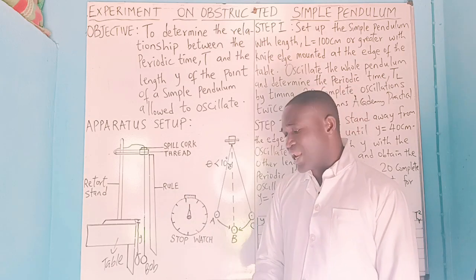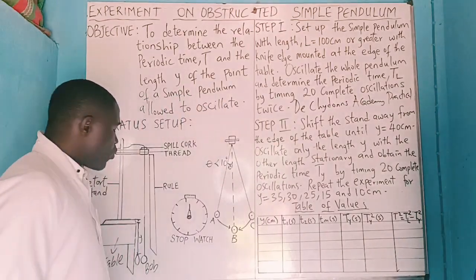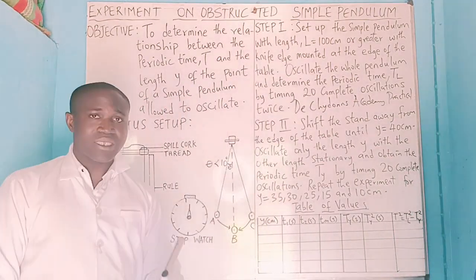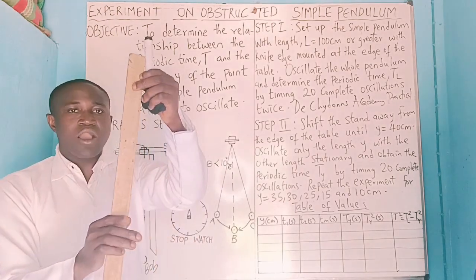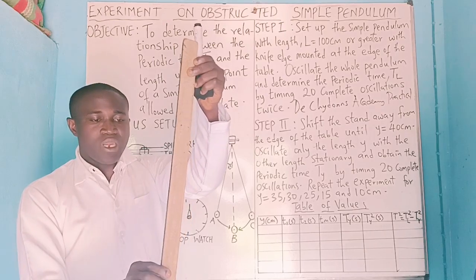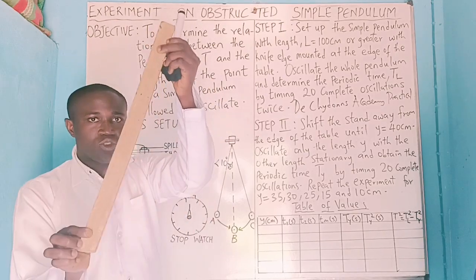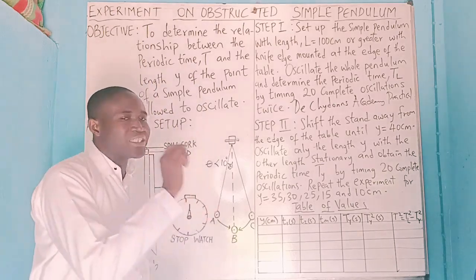At least 2 precautions have to be noted down. So one of the precautions I'm giving you for this experiment is to make sure that the angle of displacement, the angle you have to displace the pendulum bulb so that it will be moving to and fro, is very small.